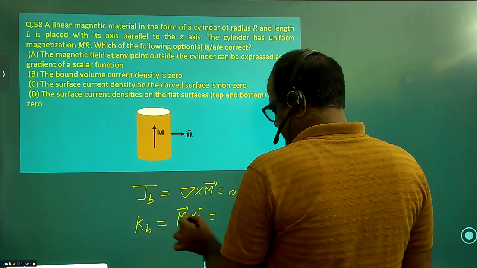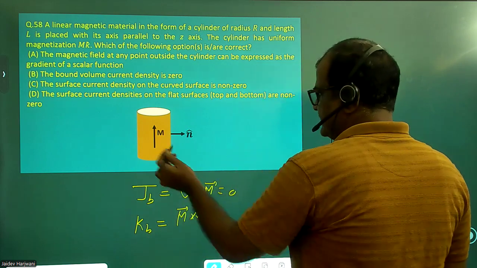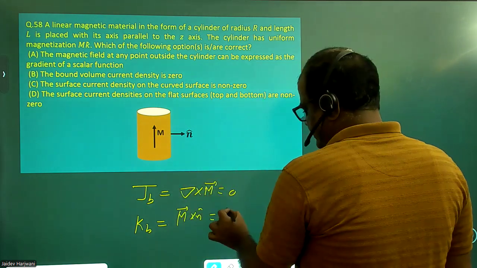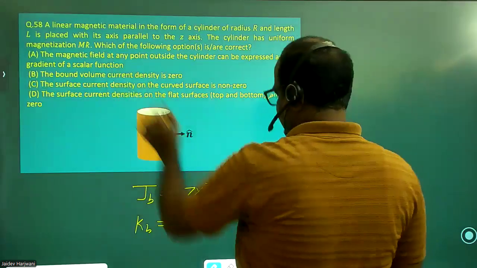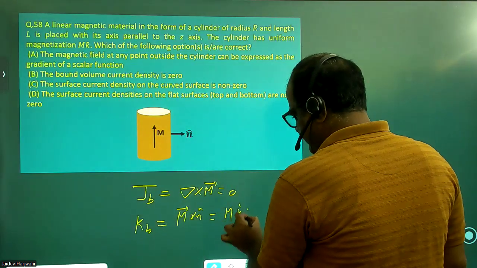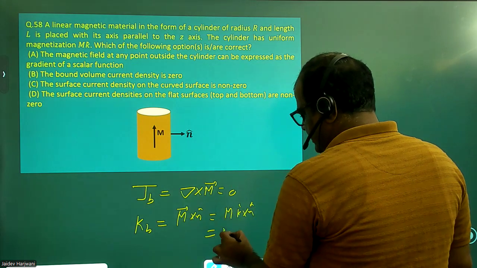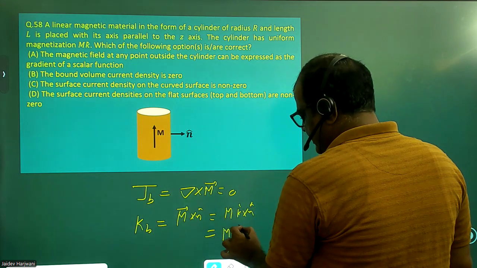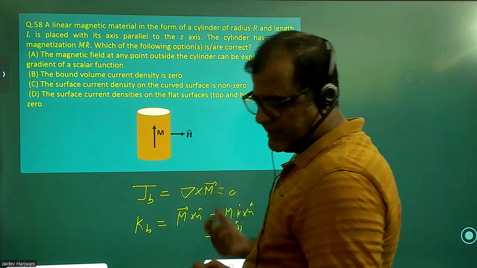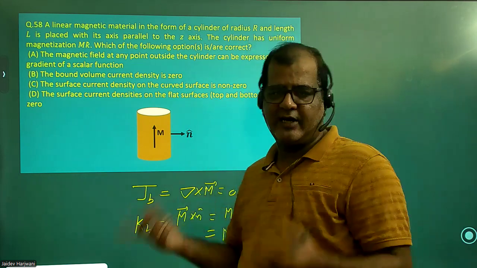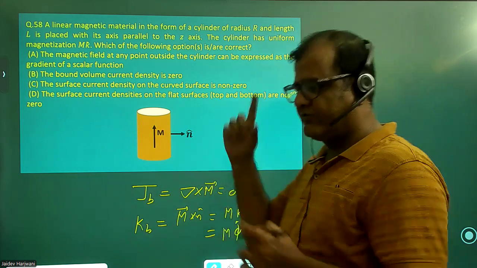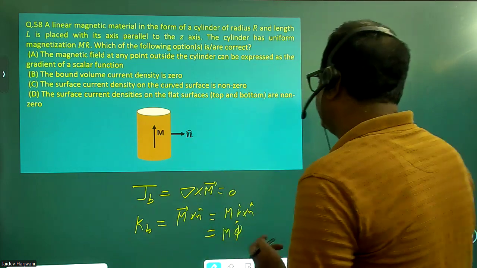Now M is given in the k cap direction, n cap is in the radial direction. So your surface currents will be in the phi cap direction. This is the same as your solenoid. The currents are flowing on the surface in the phi direction.